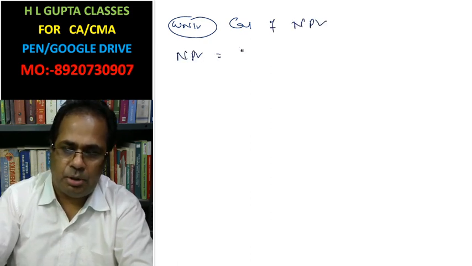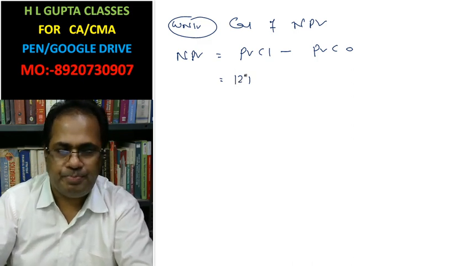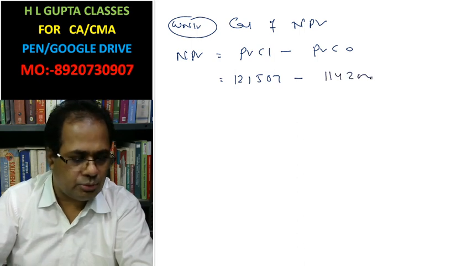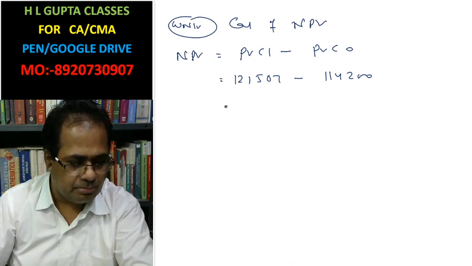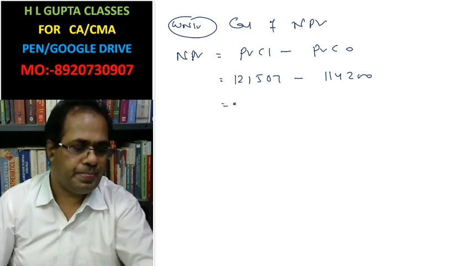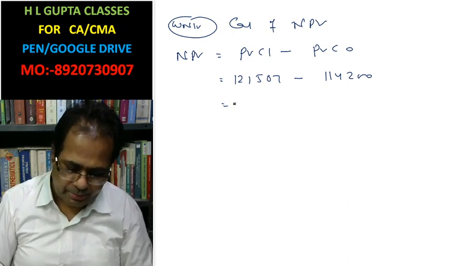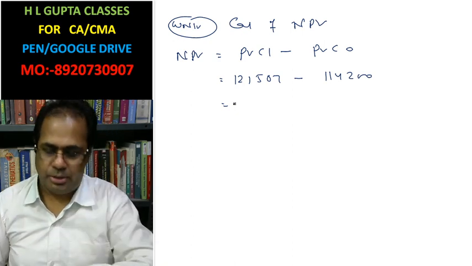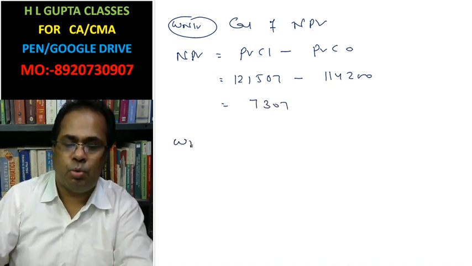Net present value equal to present value of cash inflow minus present value of cash outflow, 1,21,507 minus 1,14,200, and the net present value will be 7,307.